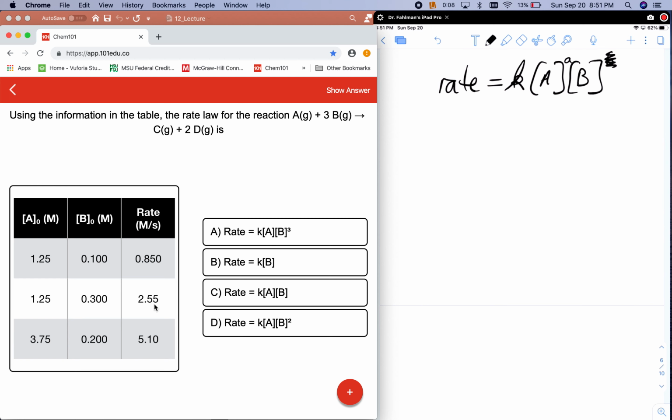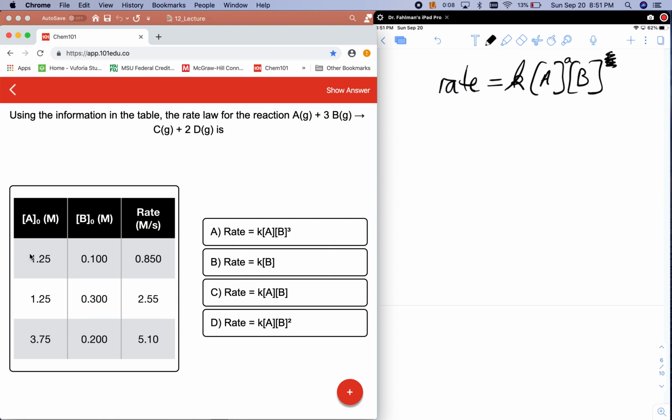But then A is where the problem lies, because you don't have any experiments where B is held constant. So the strategy here is, since you already know the rate law with respect to B, you can figure it out by combining where both are changing.